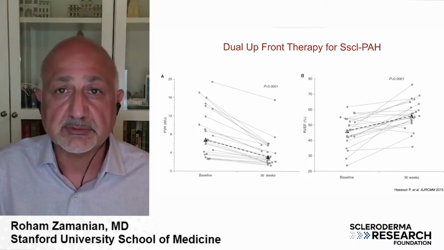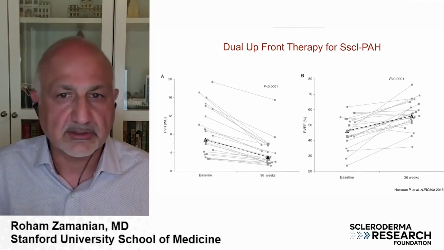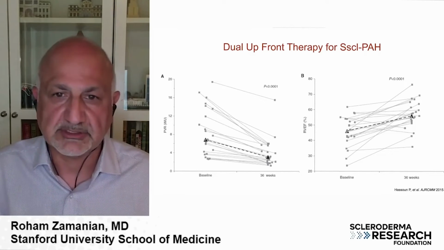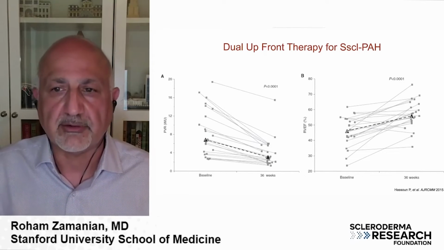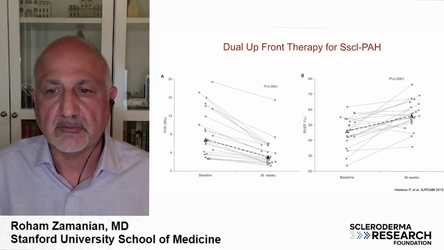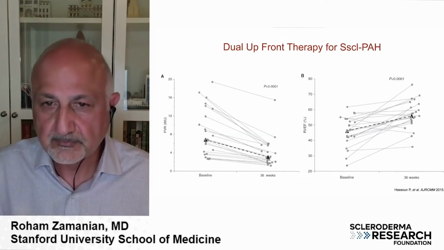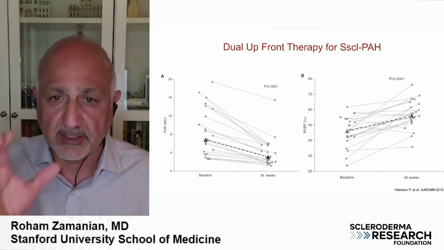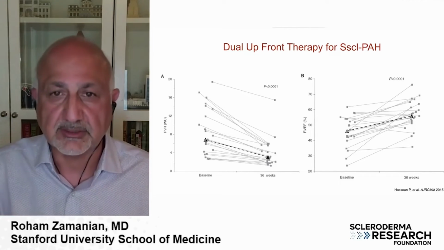So this data was published in 2015, and it gives you a clue that the routine therapies that we have for pulmonary hypertension, in this case dual upfront therapy, was beneficial for patients with systemic sclerosis. Very unusual to have a very small study that focuses on systemic sclerosis.